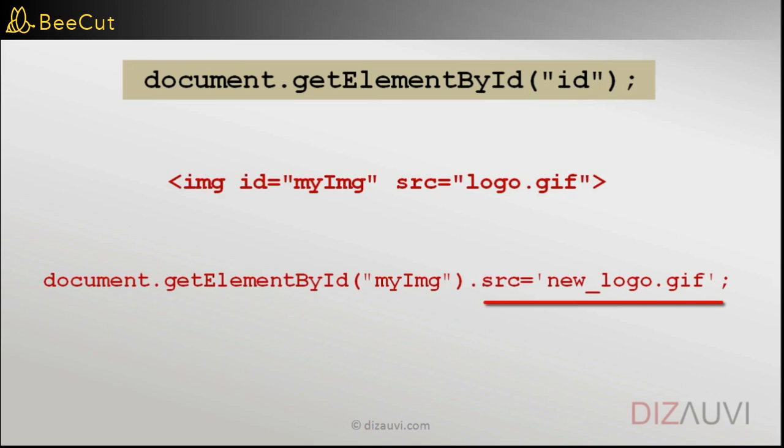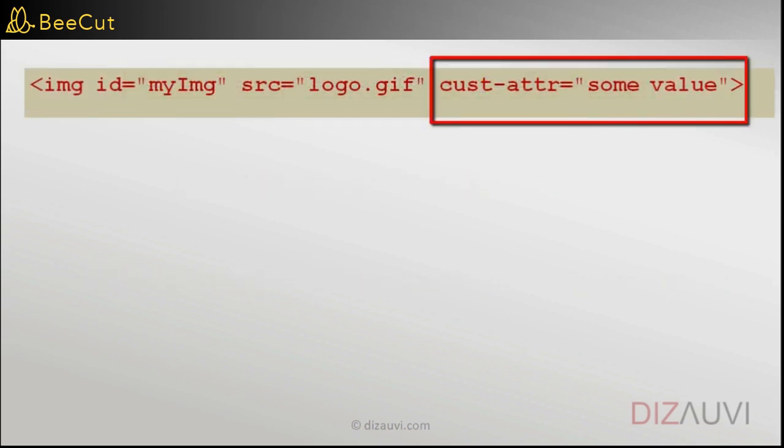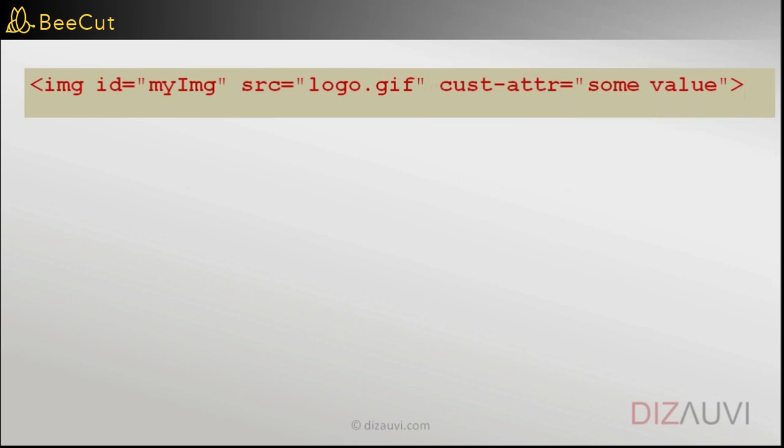Here we have assigned the source, but we can also just read the value of an attribute by accessing it as a property. HTML also allows us to have custom attributes for an HTML element. For every element, HTML provides some standard attributes like style or name, but we can also put our own attributes, which are ignored by the browser, but they can be useful in case we are writing our own framework.